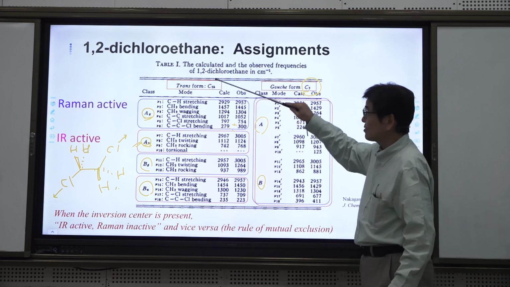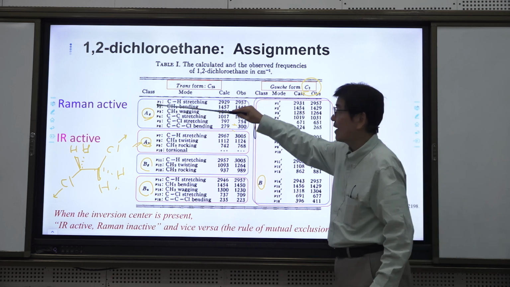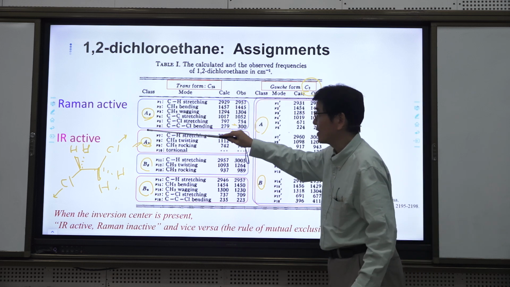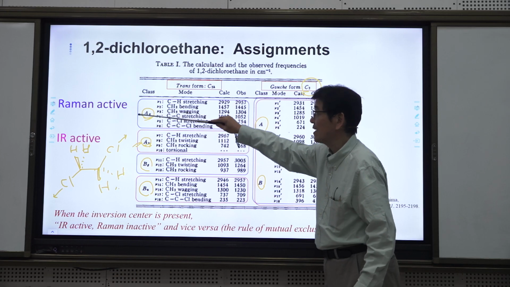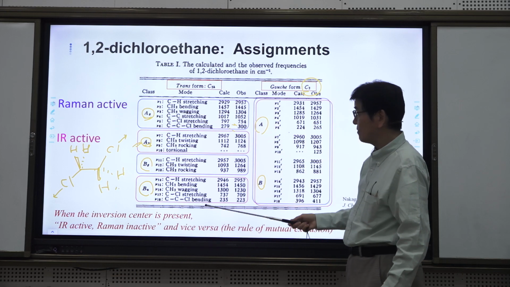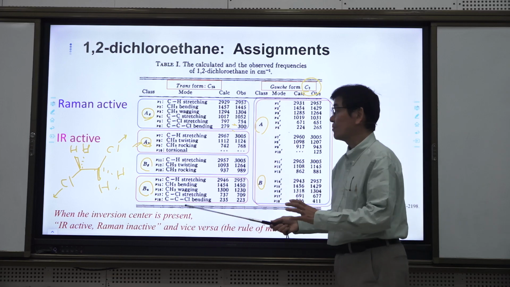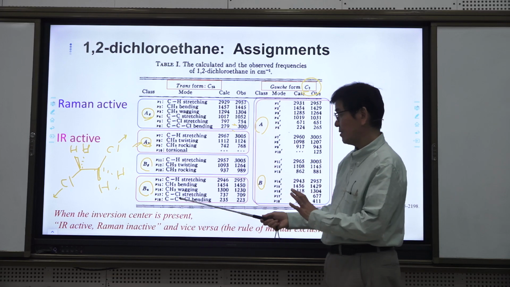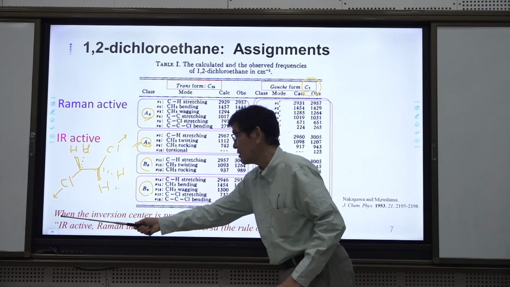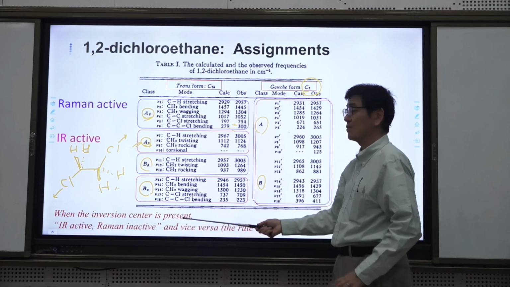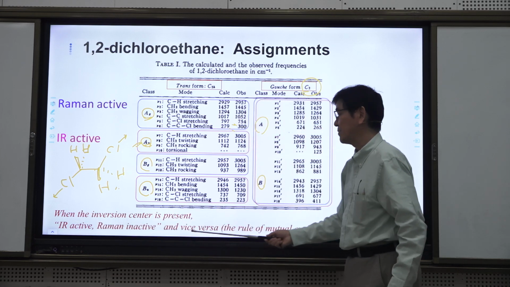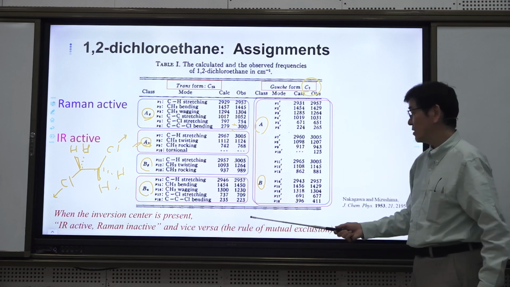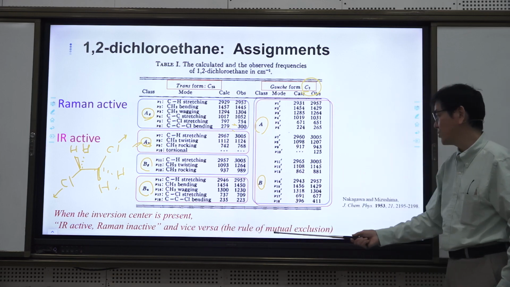And in the case of C2h, IR active is Raman inactive. Raman active is IR inactive. So, briefly speaking, when the inversion center is present on the molecule, then IR active means Raman inactive, and vice versa. This is the so-called rule of mutual exclusion.